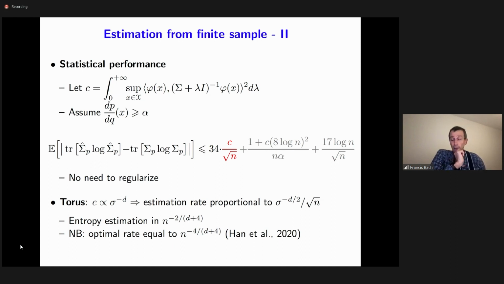So now we see the curse of dimensionality because we get the 1 over d. It's not optimal. For the same assumptions regarding regularity, you can show that the optimal rate is the square of what we have. So we are not optimal, but I was pleasantly surprised, as my goal was not to estimate the true entropy, but to recover something which is reasonable.